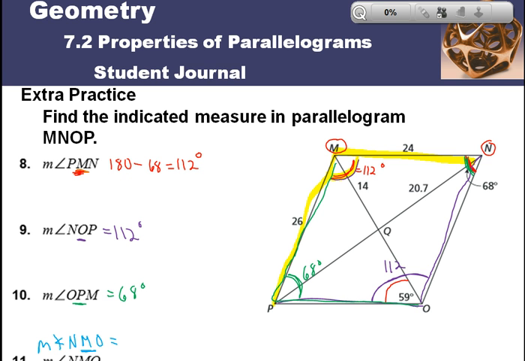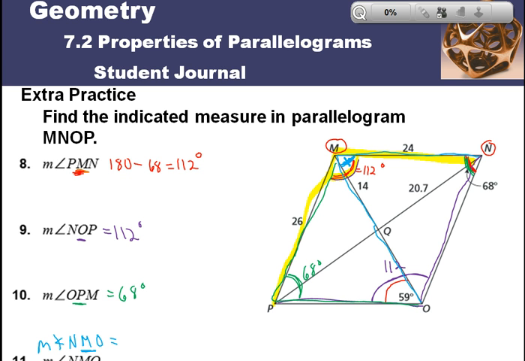But right there's angle M. So that's the important one. But this time it starts at N. So here's N. And it goes to M. And then all the way down to O. So we're just looking for this part of the angle right here.